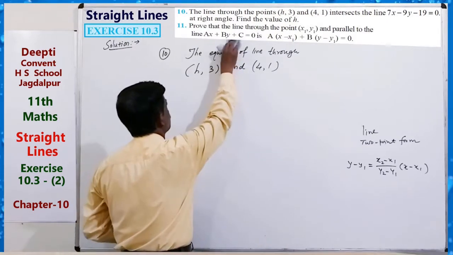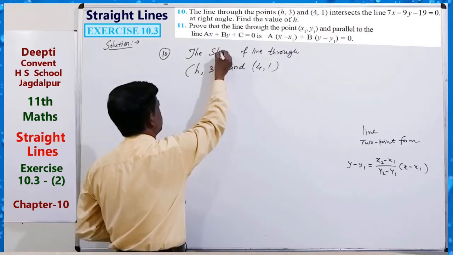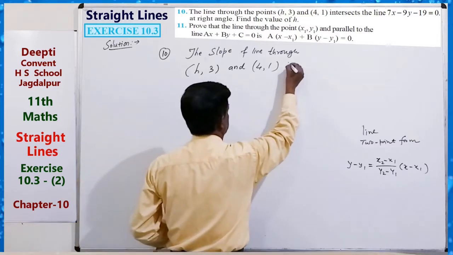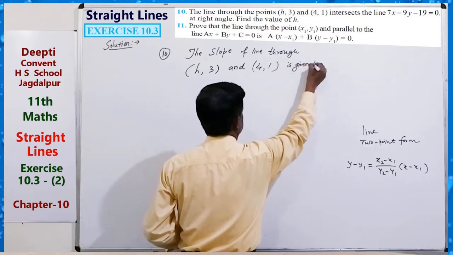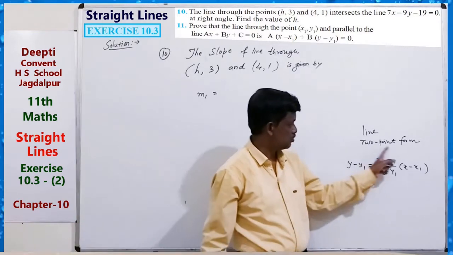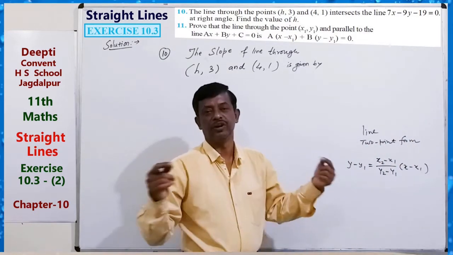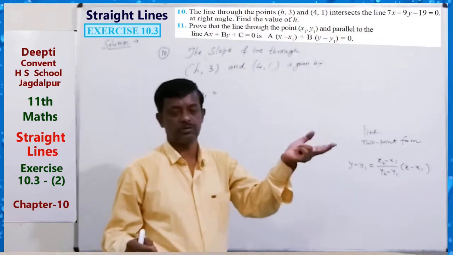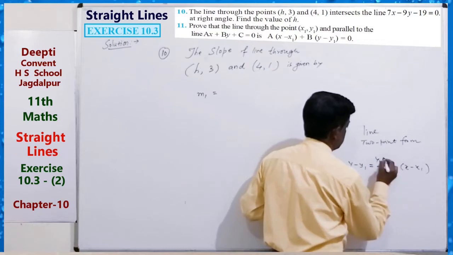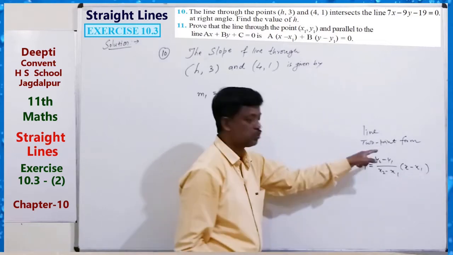So the slope of the line through these points is given by m1, which is the slope joining the points (x1, y1) and (x2, y2): y2 minus y1 upon x2 minus x1.